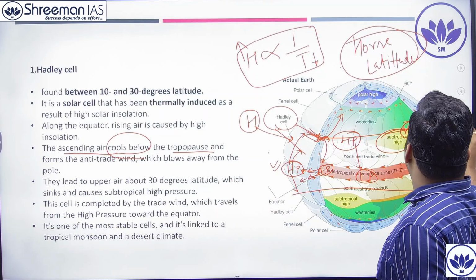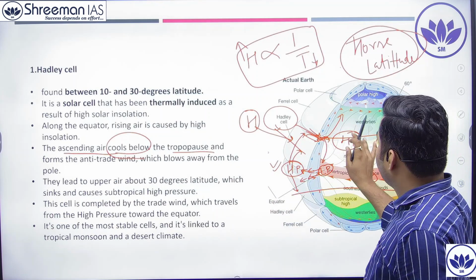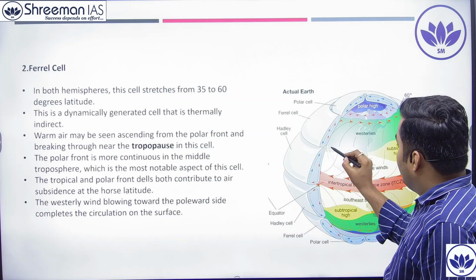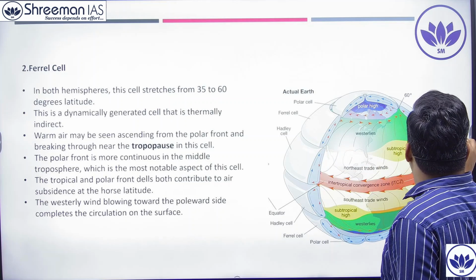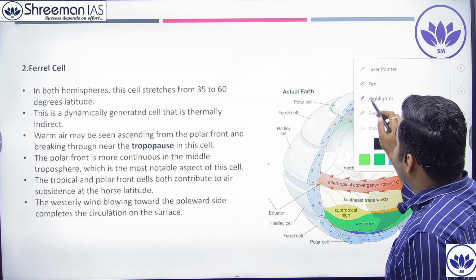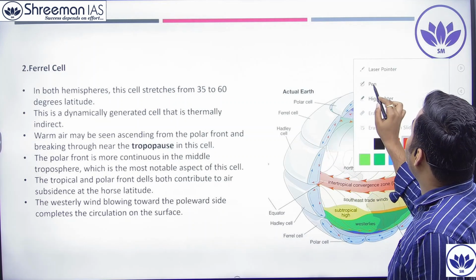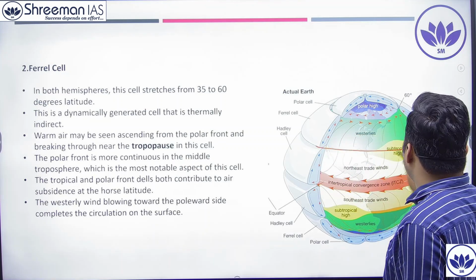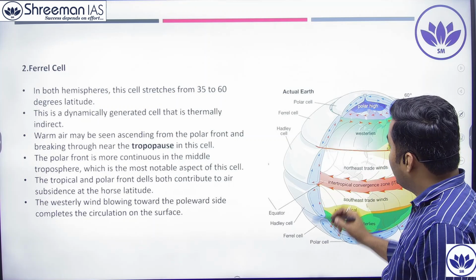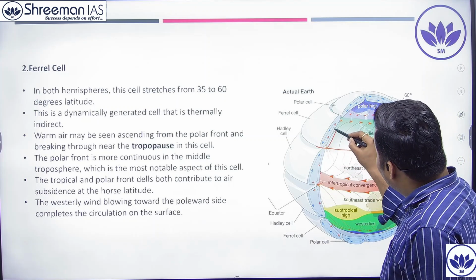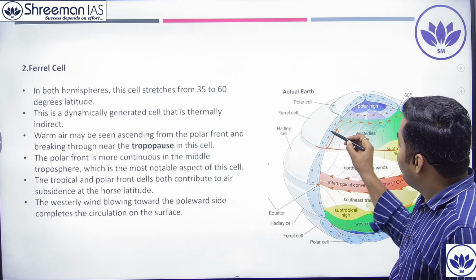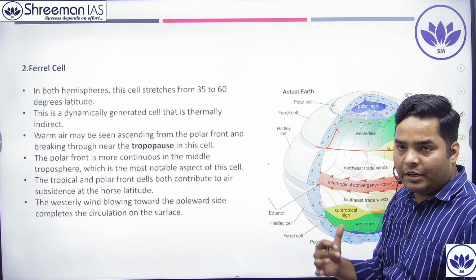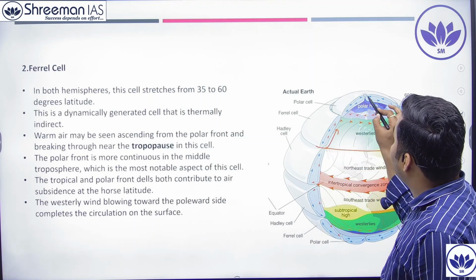Now what will happen in the Ferrel cell? It is linked with the formation of the Hadley cell. Now again, we left the Hadley cell at 30 degrees north and 30 degrees south latitude, means this subtropical high pressure belt. Some air will move toward the pole from this region, means from the horse latitudes.